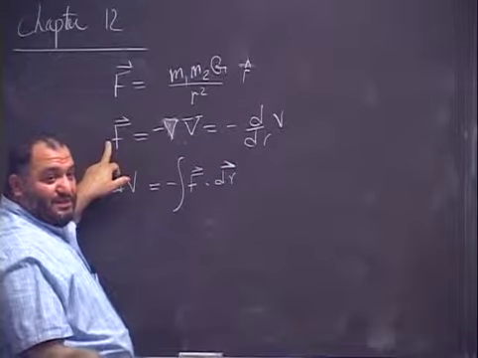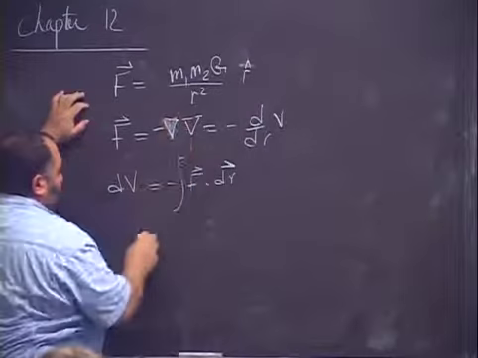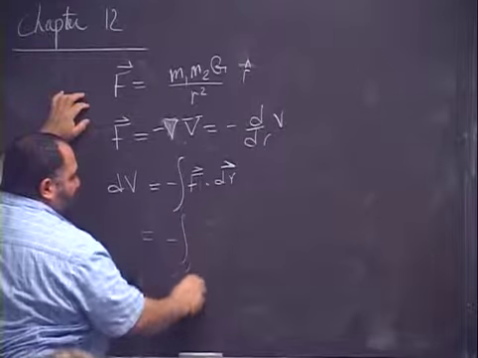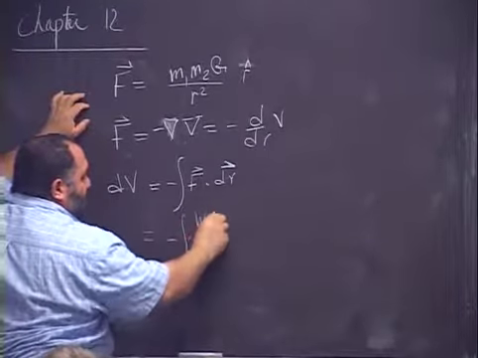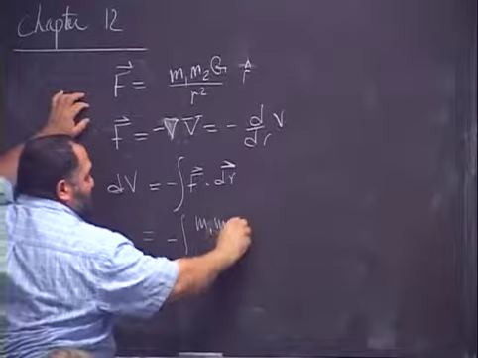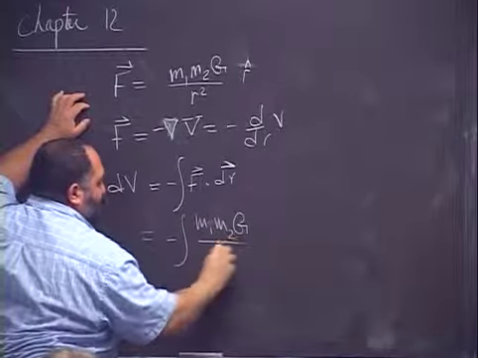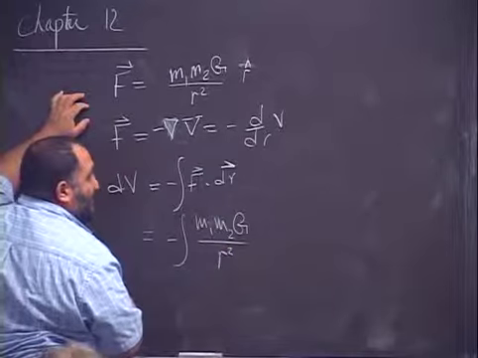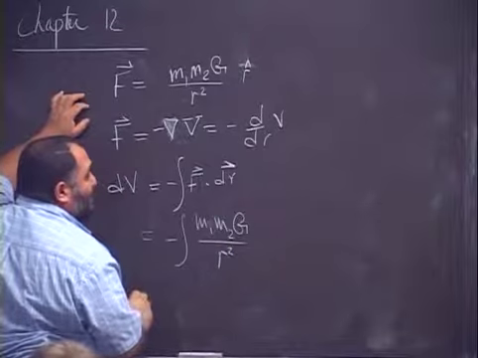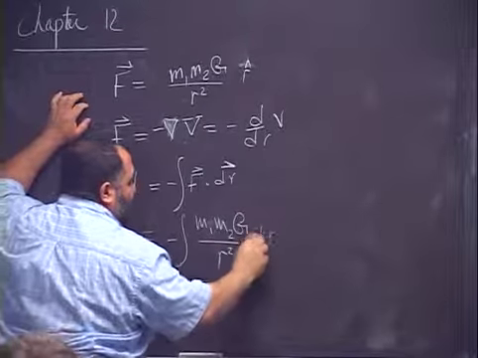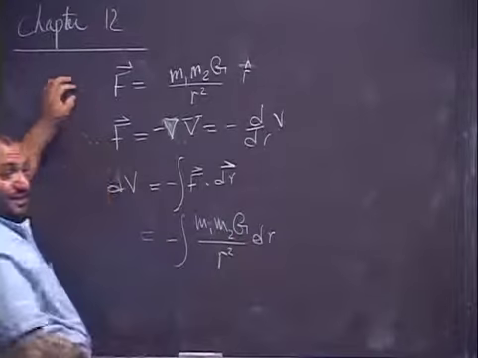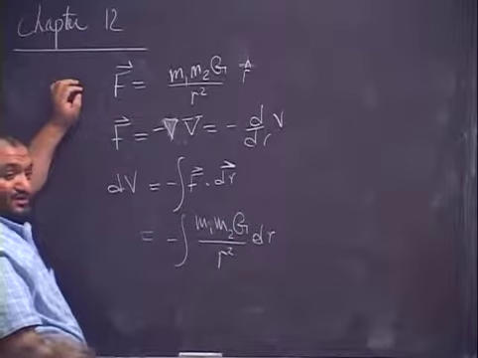Yes, guys? So what's the force? Negative. What's the force? M1, M2 multiplied by the gravitational constant divided by what? R square. Yes? Dot dr. Here is dr. Okay?